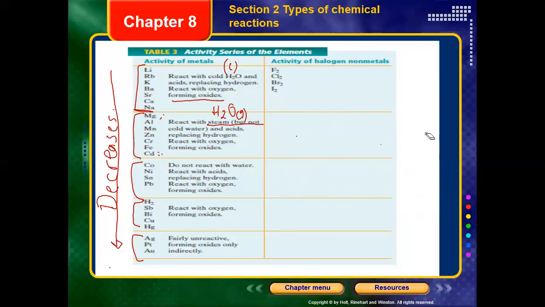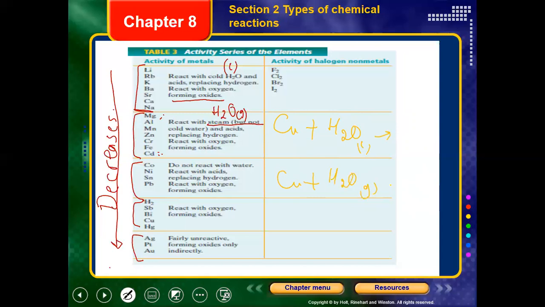Some elements react with water at liquid state, some at gas state, and some of them do not react with water at all. For example, copper plus H2O, either liquid or gas: in both cases, no reaction.